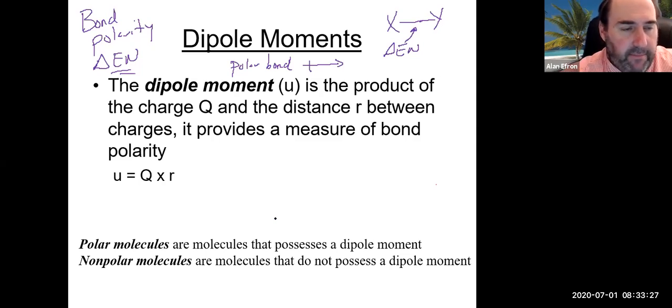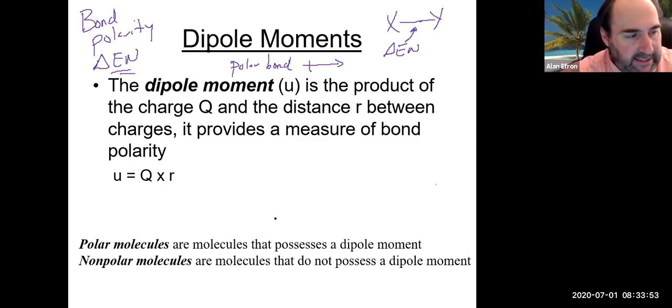So bond polarity is typically about electronegativity differences, those 0 to 4 numbers that are just a general trend on the periodic table. And usually that, specifically for that individual bond, tells you whether or not it is a polar or non-polar type bond. When we talk about molecular polarity, which we're talking about here, that's the entire molecule as a whole.